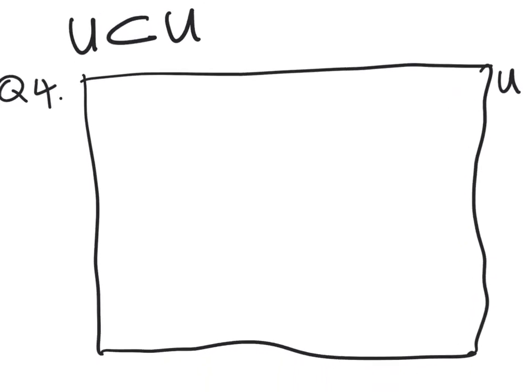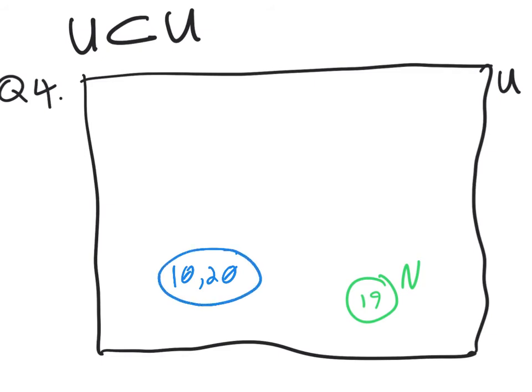N was 19. 19 is a part of the universal set, so it's going to be contained inside this large rectangle. Next was T. T contained 10 and 20. Those are both within the universal set.